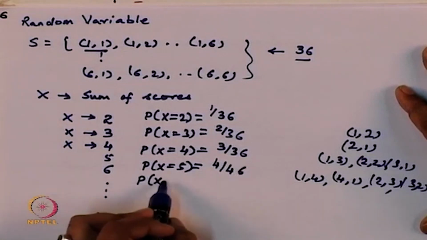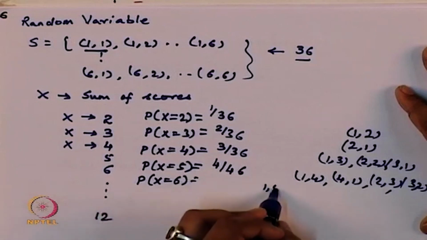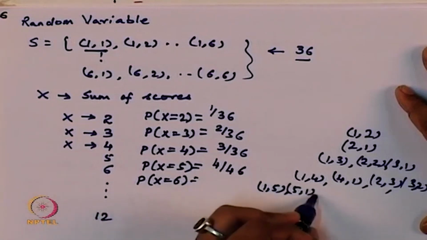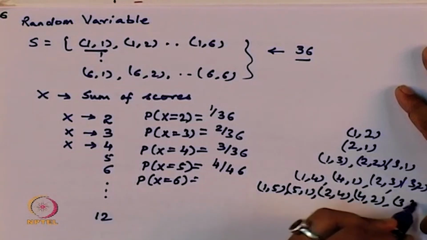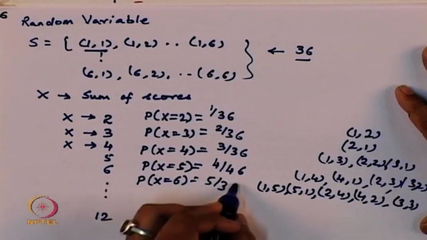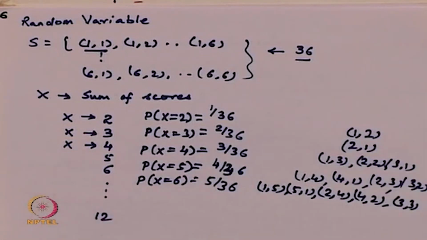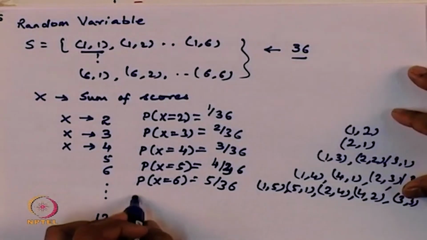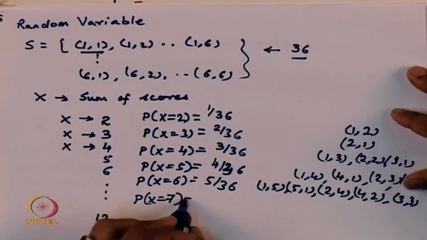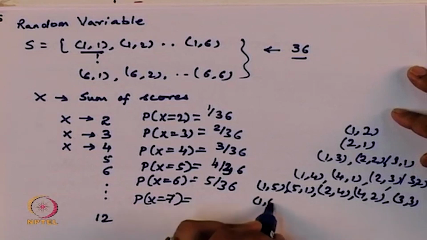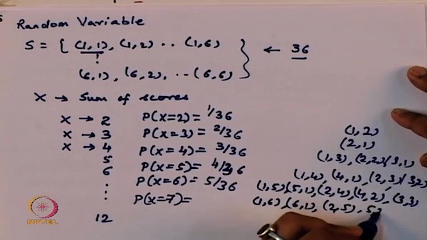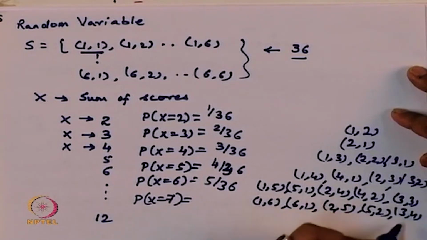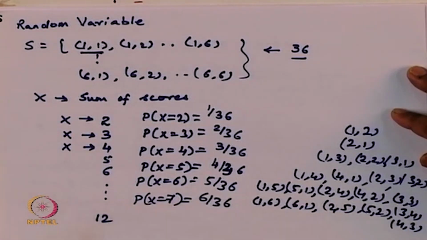The probability of x equal to 6 is 5 by 36. The probability of x equal to 7: I have 1 6, 6 1, 2 5, 5 2, 3 4, 4 3. I have 6 by 36.